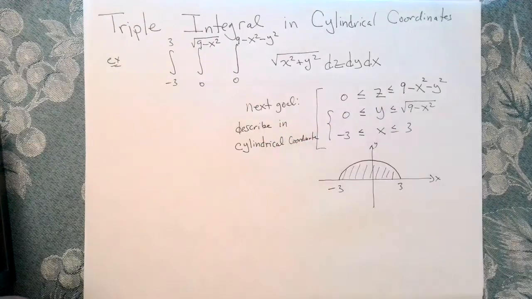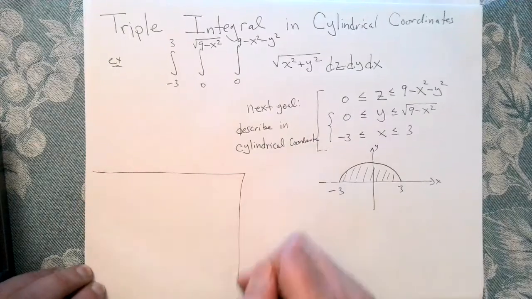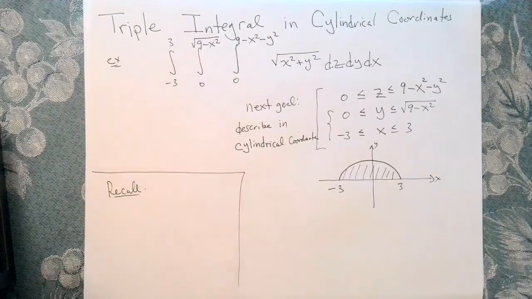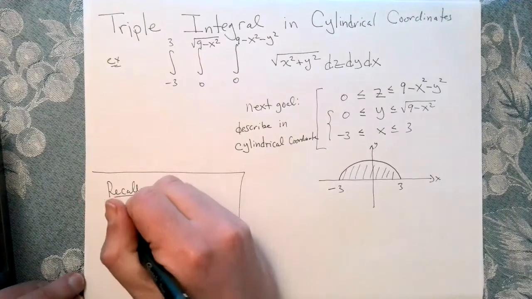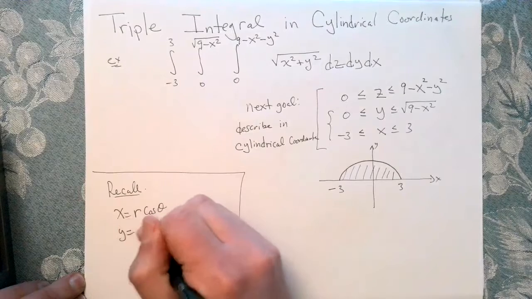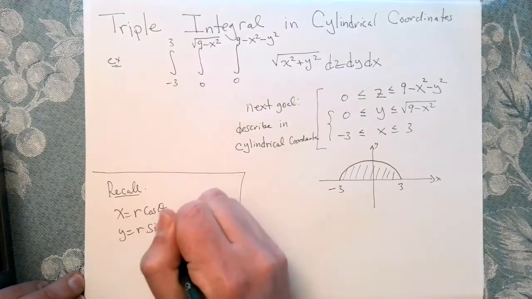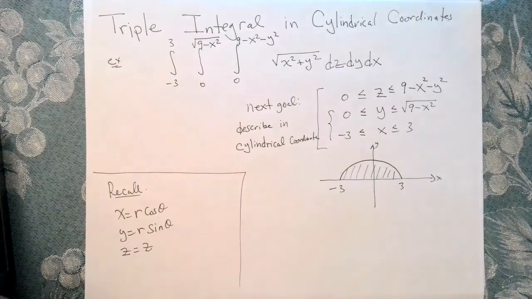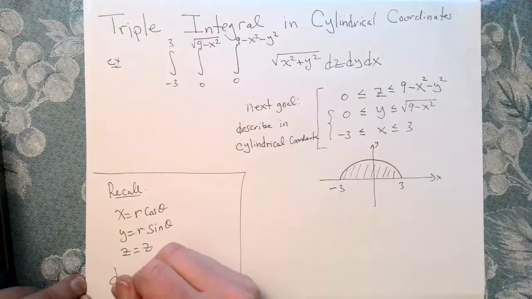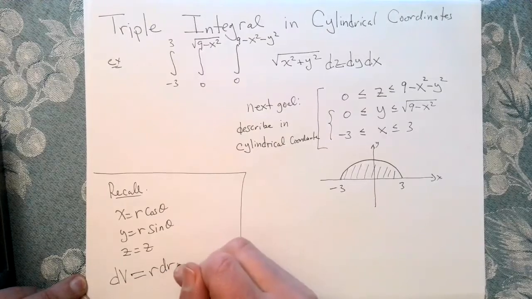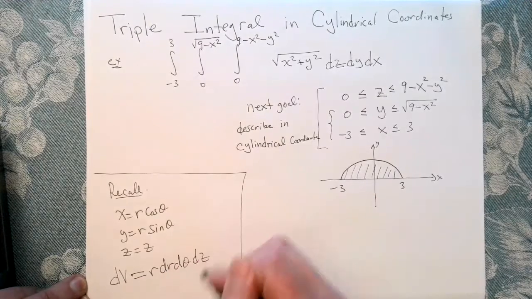Okay, well, that's just fine. So let's recall some facts about cylindrical coordinates. We know that x is equal to r cosine theta, y is equal to r sine theta. We know that z is equal to z. And what else do we know? Well, we know that the volume element is equal to r dr d theta dz.